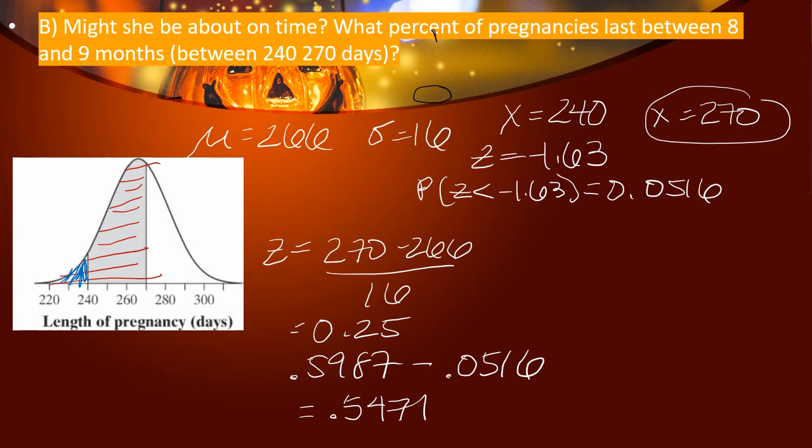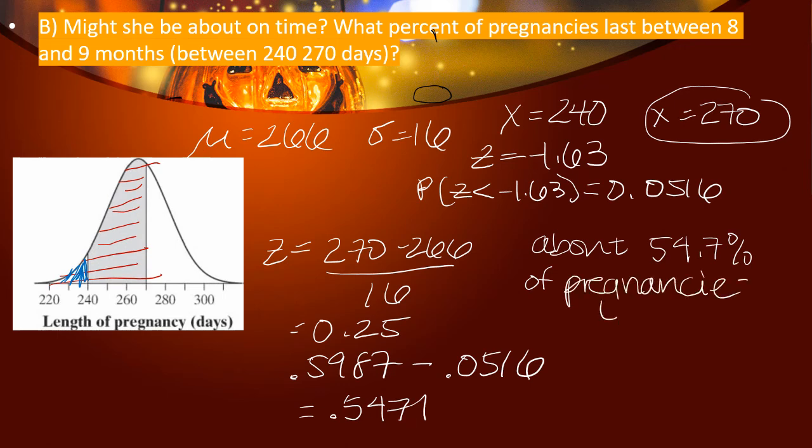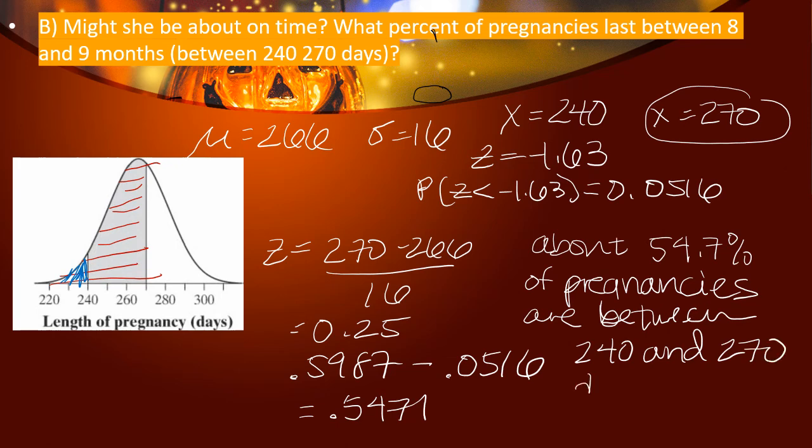So about 54.7% of pregnancies are between 240 and 270 days.